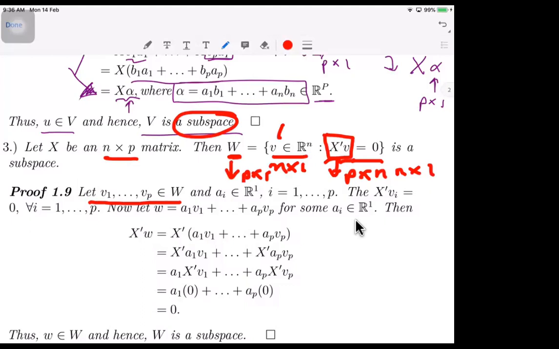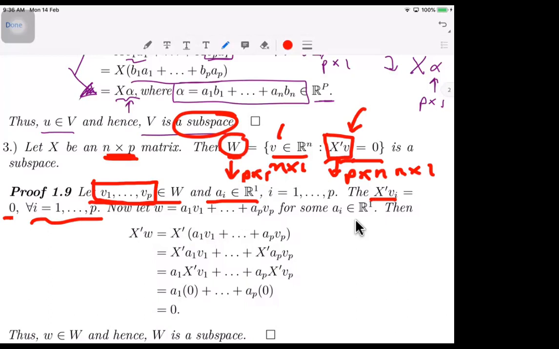And the a_i are scalars, because you are going to use that later when you do linear combination. So if the v_i's are in W, then for any matrix n by p, you pre-multiply by its transpose, X prime v_i will be equal to 0 for all i from 1 to p, because X prime v is a p by 1.